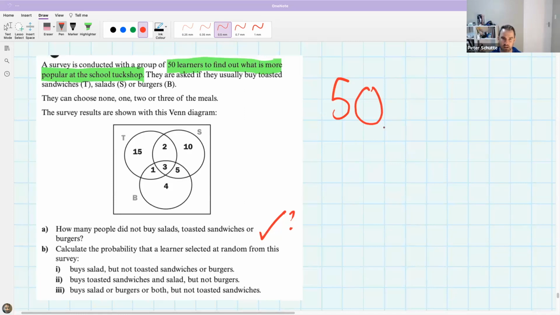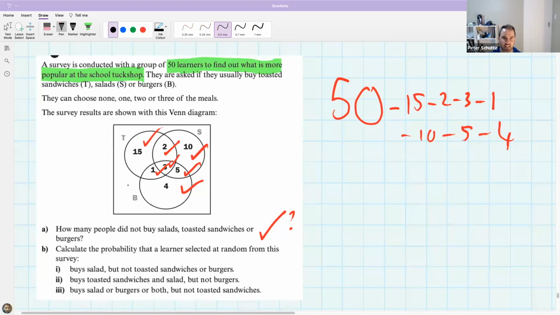So I guess I have to minus 15, minus 2, minus 3, minus 1, minus 10, minus 5, minus 4, because I've got to subtract all of these things. And whatever is left will be out here. So what are you getting? All right, it seems to be common consensus that the people who don't want to eat any of the 3 meals is 10.